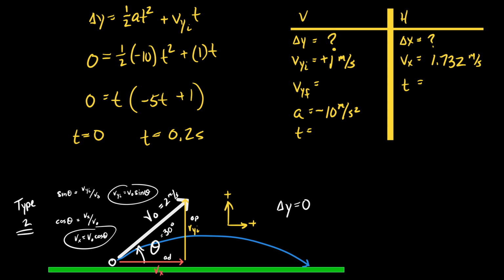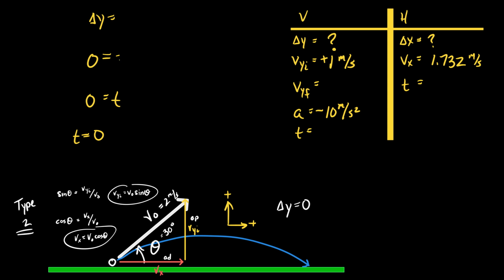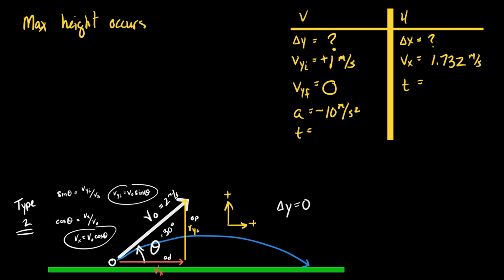But if you're being asked for the maximum height, you do have to kind of reboot your problem a bit. But note that maximum height occurs when the final velocity is 0. We're talking about the y velocity only. It's still moving sideways at 1.732 meters per second.